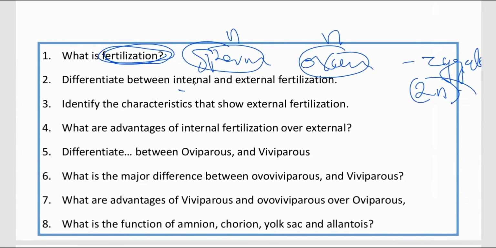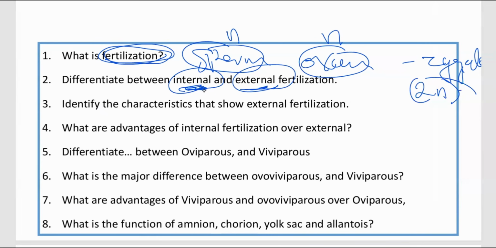If they give you a diagram of two different organisms and ask you which one is external and which one is internal fertilization, or ask you for organisms where internal fertilization exists and where external fertilization exists, you must be able to identify.